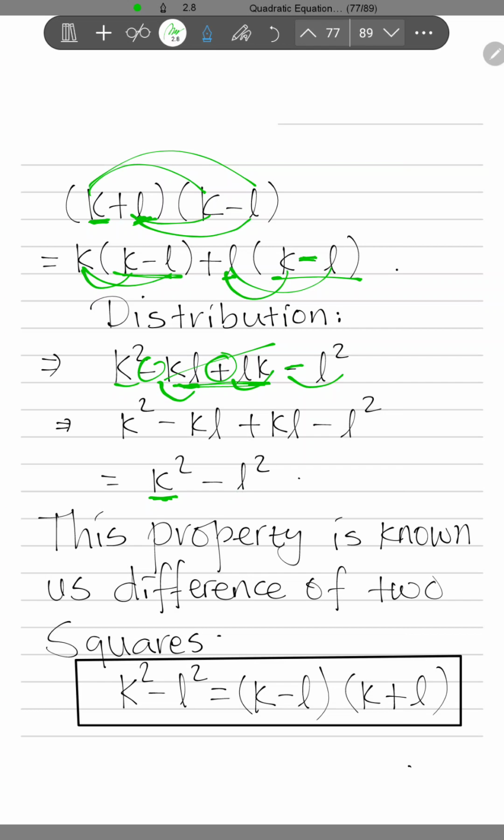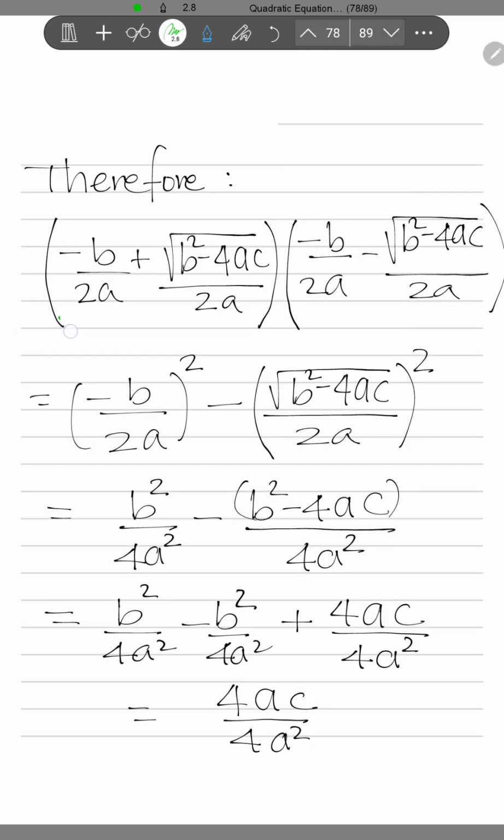Once we have this characteristic, how are we going to derive the product of the roots of a given quadratic equation? The product of these two numbers is the first one squared minus the second one squared. This is the difference of two squares, which we have seen just now.